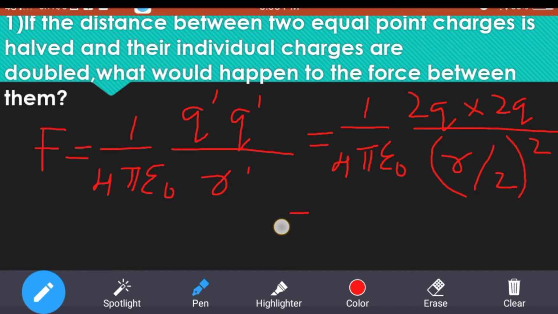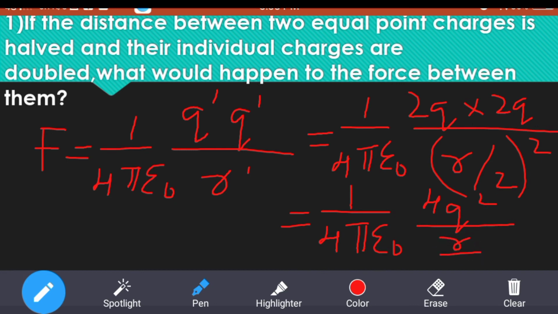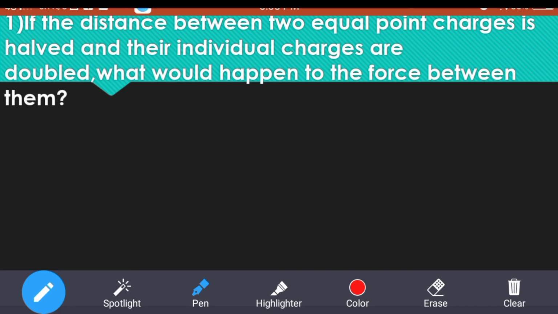Solving it, we get 1 by 4 pi epsilon naught, 4 q square upon r by 2 the whole square, that is r square by 4. That equals 1 by 4 pi epsilon naught, 4 q square upon r square by 4.